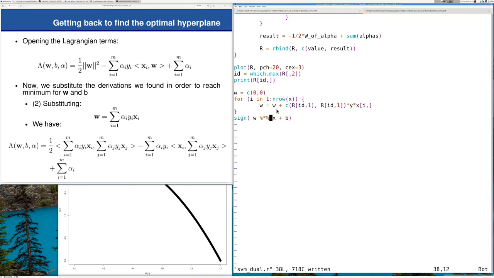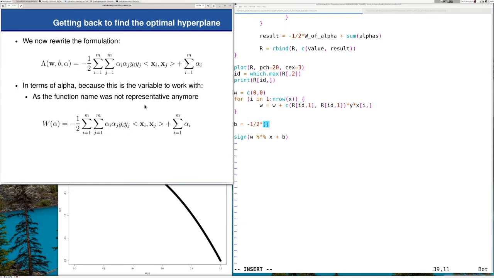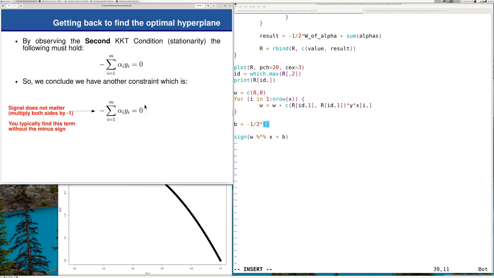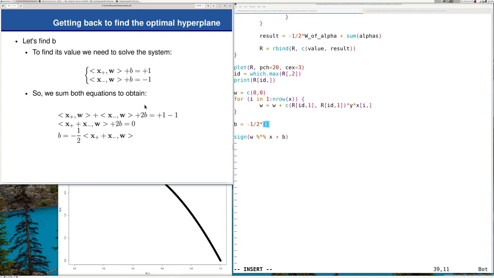Of course, we have W now, but we don't have B yet. What is going to be the value for B? B is going to be minus half, I suppose you guys remember, minus half times of what? Some inner product. You probably remember, it is over here. Where is it? It's around here. Yeah, over here.